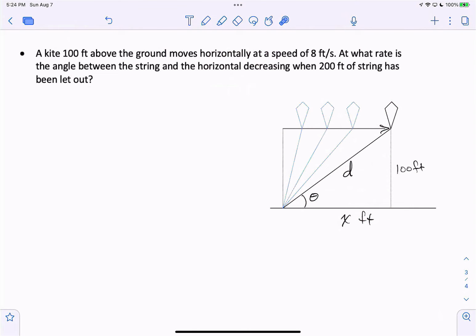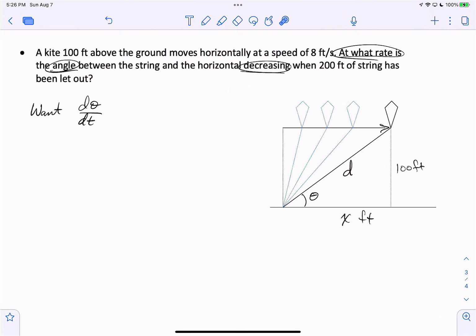Now that we have our picture and our labels, let's go back and look at what it is we're trying to find. We're asked at what rate the angle is decreasing. In terms of calculus, what is it that we want? We want dθ/dt, which means I need an equation that includes a theta.